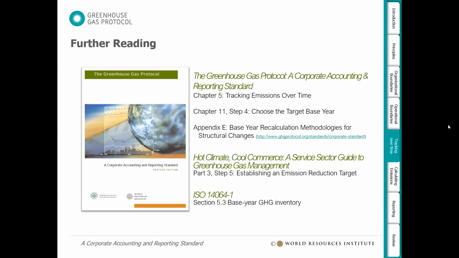Damien asks, couldn't it be complicated to find data to recalculate a base year inventory when acquiring a company? And the answer is it can be complicated. There are a number of possible solutions here. If activity data can't be found, one possible solution is just to use default or industry average emissions data.